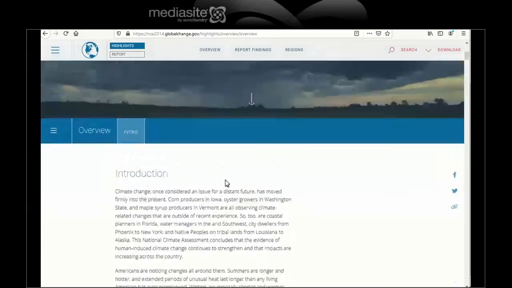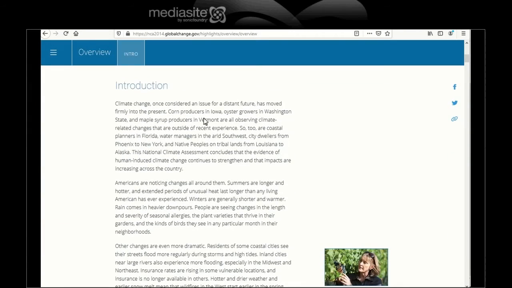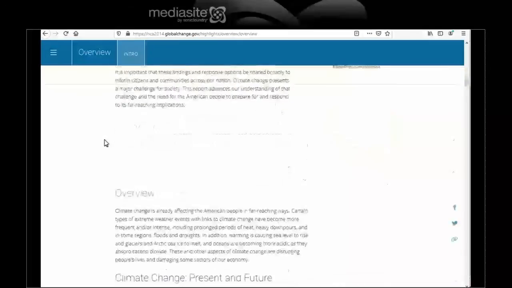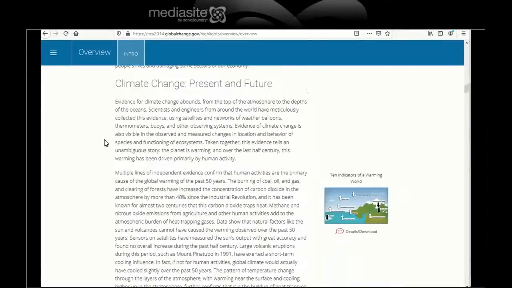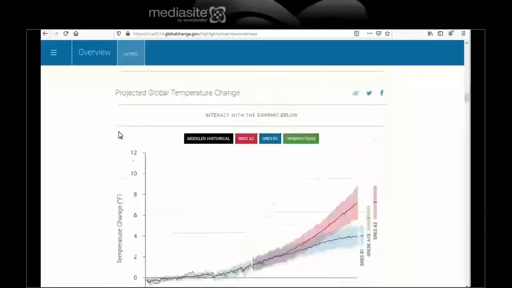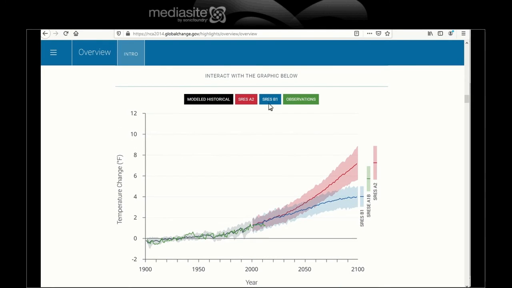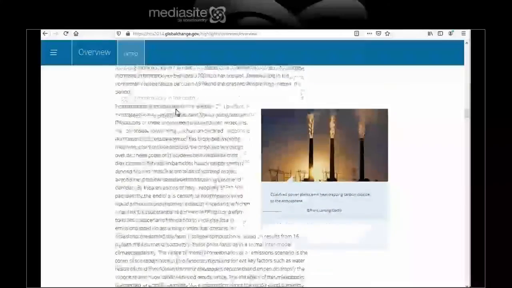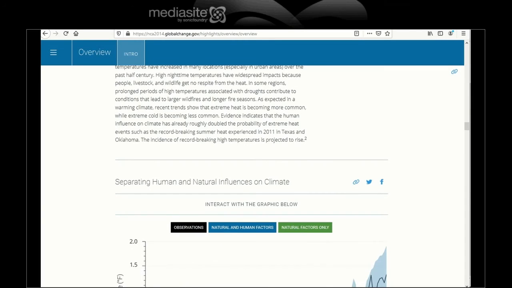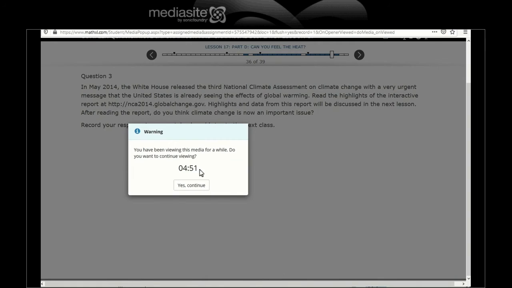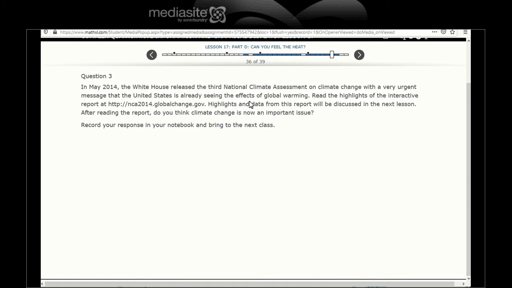Explore the overview. Intro. So you would need to spend some time and read this on your own. Play with it, investigate it, and make your own decision.